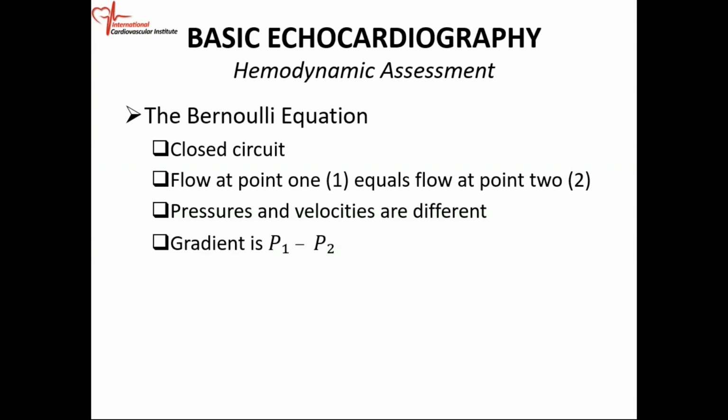Just think about it, the flow is going to be the same all along the pipe. Even if the pipe has different cross-sectional area throughout the pipe, the flow is going to be the same. Okay? So that is one concept you have to try and get. Flow is going to be the same when you have a closed circuit.